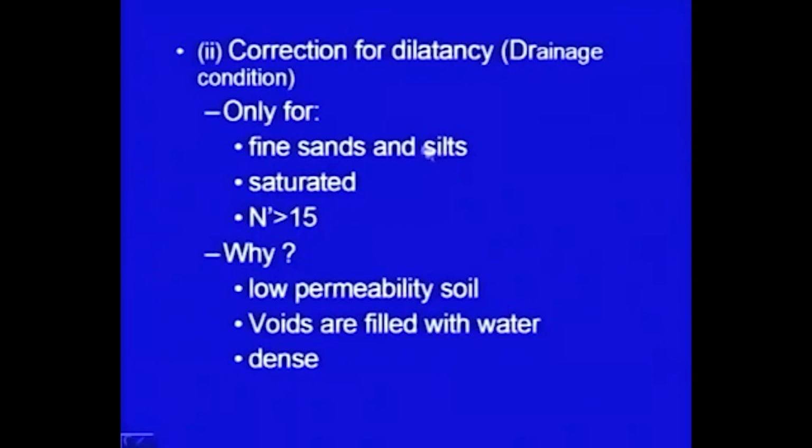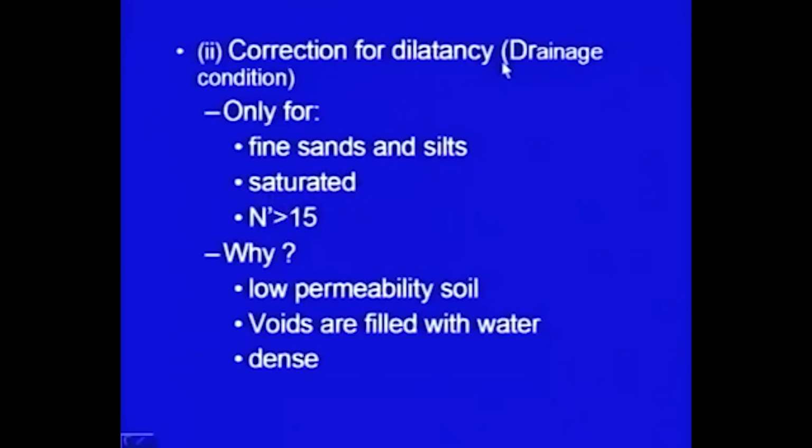Now, let me come to the next correction, that is for drainage condition. Popularly, this correction is known as correction for dilatancy, and remember, it will be applicable only for fine sands and silts, not for coarse sand. It will be applicable when the soil is saturated.